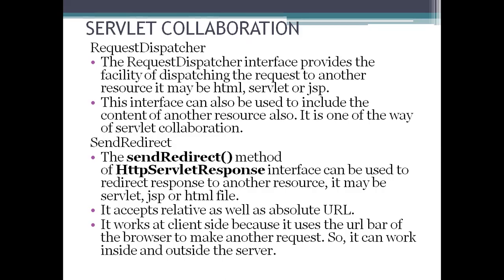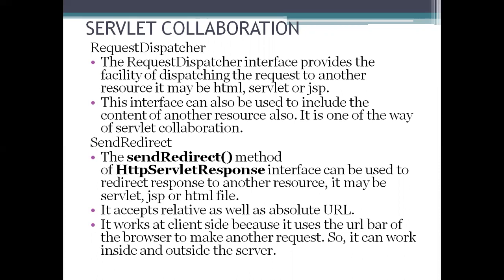While in the case of sendRedirect, while redirecting a request from source to destination, the client is intimated or informed. In forwarding, the container creates only a single pair of request and response objects, whereas in the case of sendRedirect, the container creates a minimum of two pairs of request and response objects.